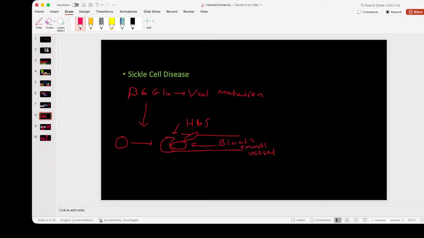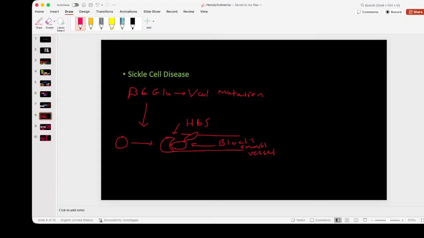And those cells can block the small vessels that carry a lot of nutrients to other parts of the body, and leads to a lack of transportation of important substances, proteins, fats, or anything that requires transport, oxygen as well.